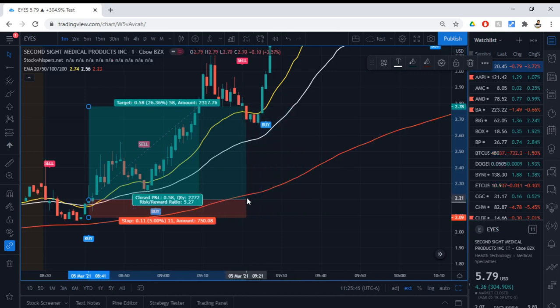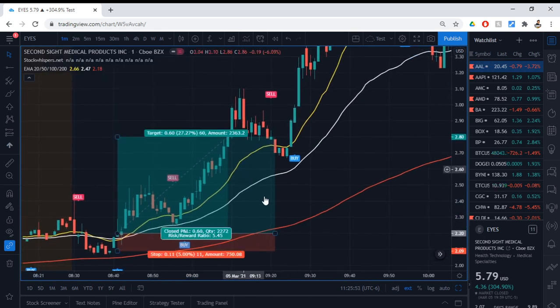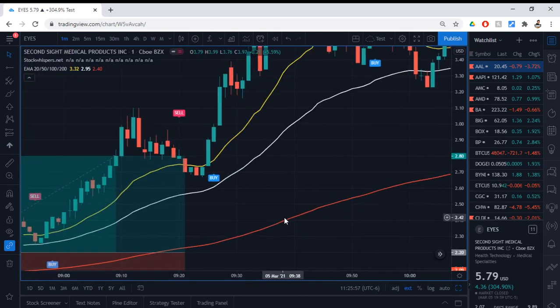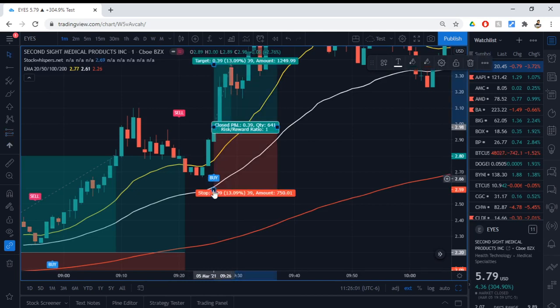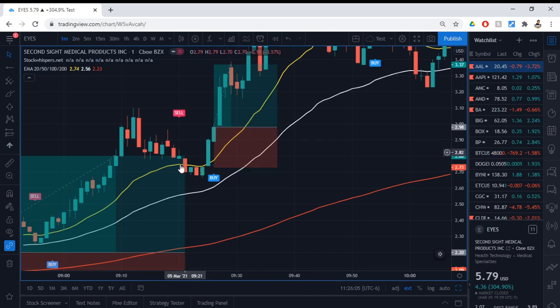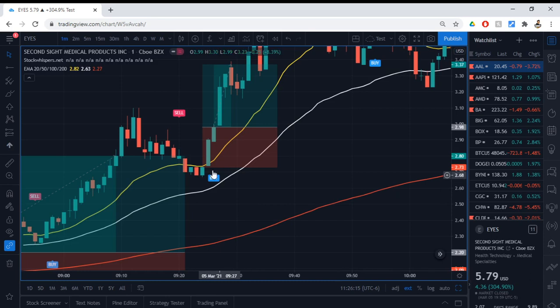Automatically your trade is over, but your condition of the moving averages is still here, right? So you're still going to keep trading, and boom, here's your next entry, right? So you got out here and you got back in right here. It doesn't matter that you got in at a higher price because your conditions are still met, right?